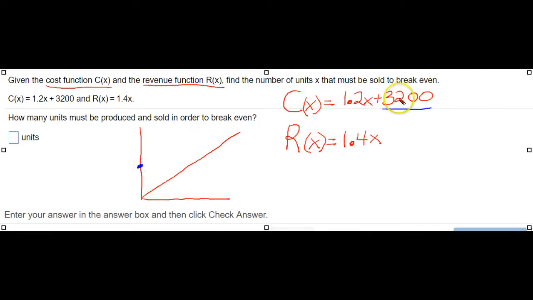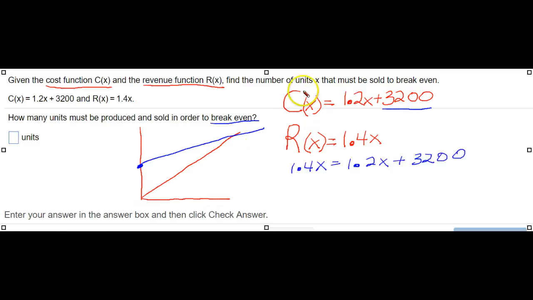That's your y-intercept. But now, as you produce these things, the line is going to go like so. At this particular point right here, the revenue and the cost would be the same. This is called the break-even point. So, for background, they're asking in this case, what would be that break-even point? And how do you solve it?